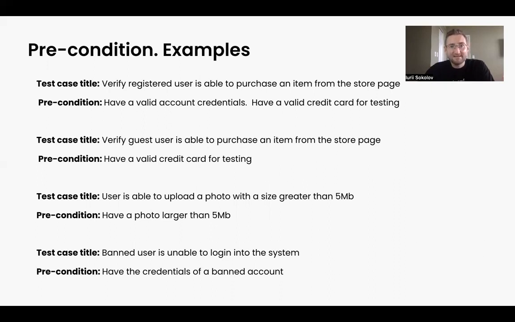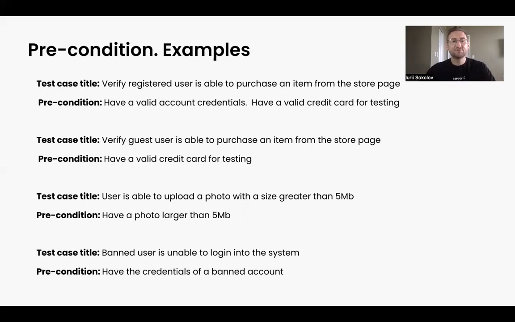And the second thing, since we want to test the purchasing, we will likely need some form of a test credit card, or a credit card that your company uses for testing, or any other payment form. Yeah. So this is a good example of how we can utilize the precondition field. We can say, have valid account credentials. We will need them. Have a valid credit card for testing. We will need it.